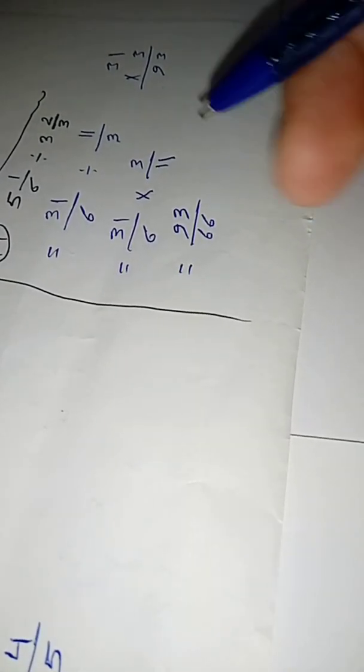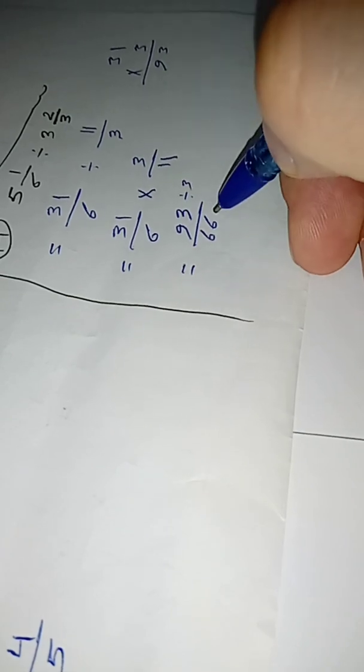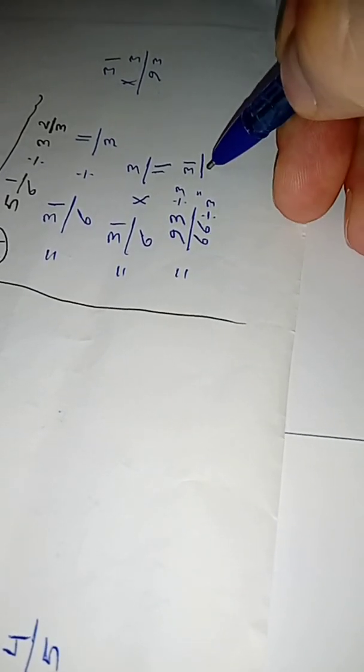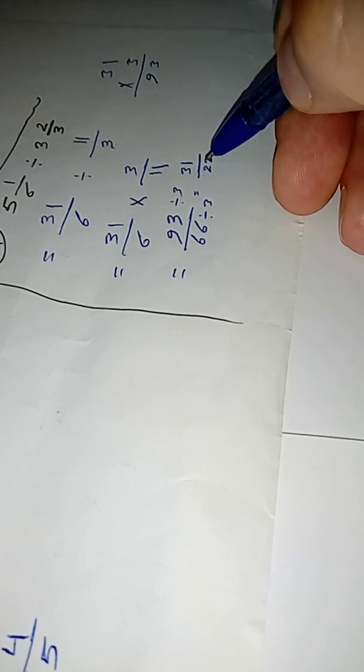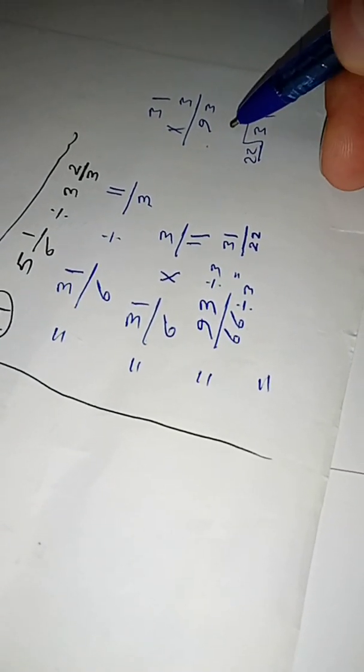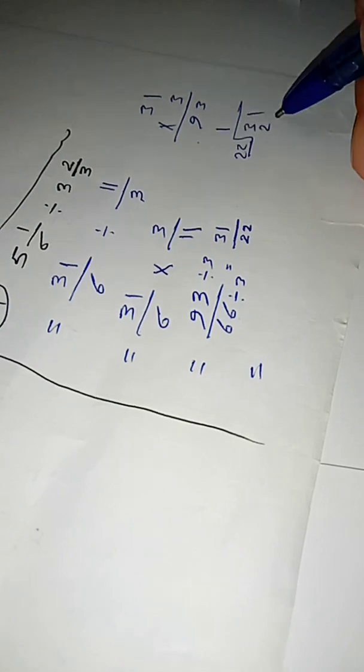I can simplify this fraction. Divide by 3, divide by 3. So here we have 31, and here we have 22. 66 divided by 3 will be 22. Now 31 over 22, I can change this form to the mixed number, use long division. 31 divided by 22 will be 1. 1 times 22, 22.